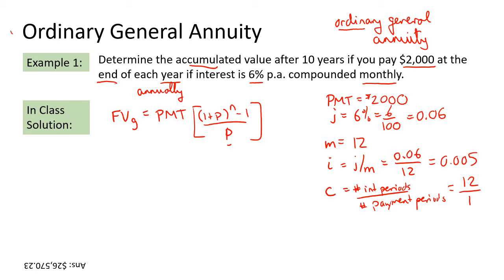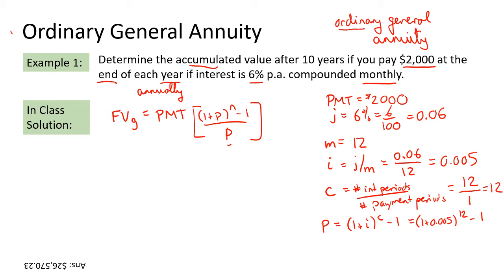So it's 12 divided by 1, which gives you 12. So now we've added 2 steps. First was finding C, and next is finding P, our equivalent rate of interest. And that's 1 plus I to the exponent C, minus 1. So that's equal to 1 plus 0.005 to the exponent 12, minus 1.